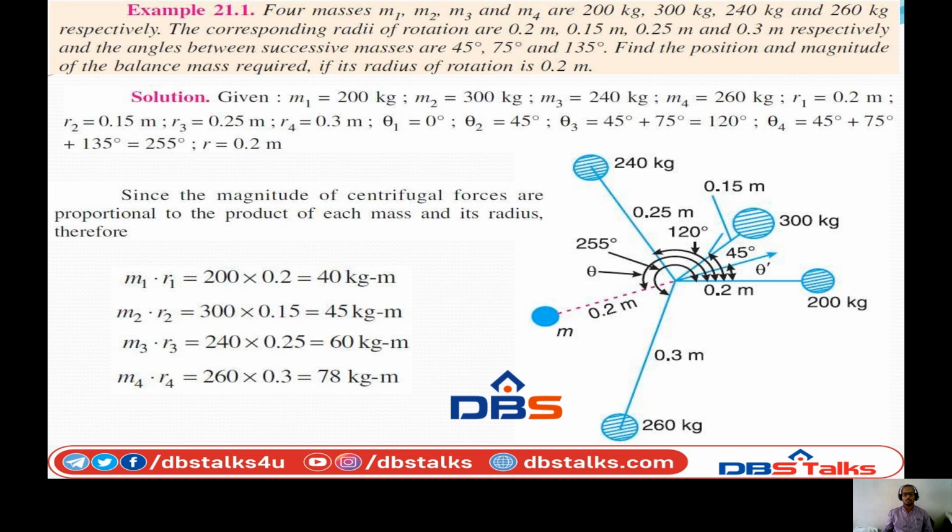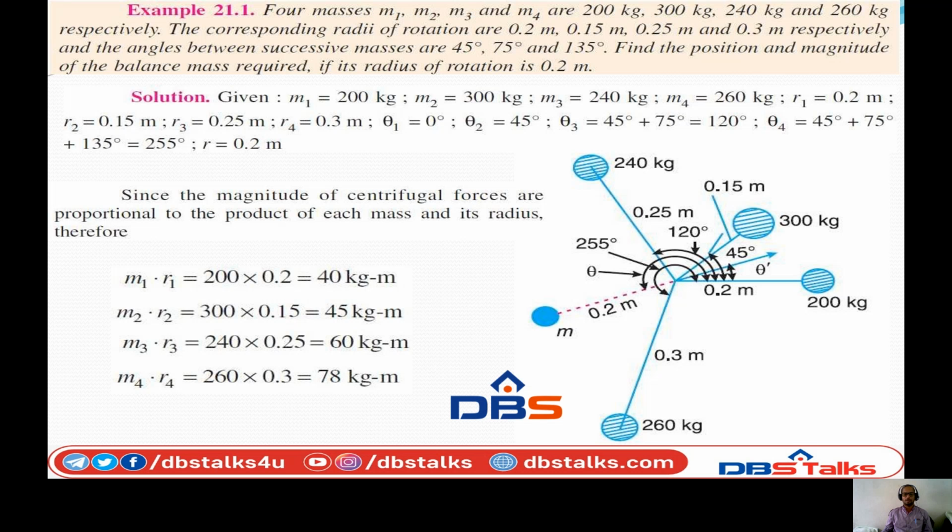So point out O and draw a horizontal with a radius of rotation of 0.2 meter. Here we have to consider that a proportionate scale is required, so accordingly we have to position the angle or length.